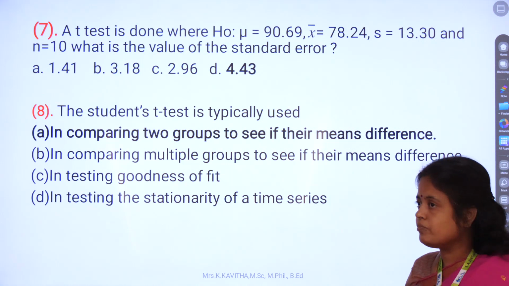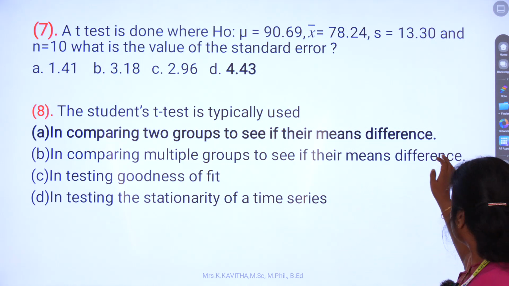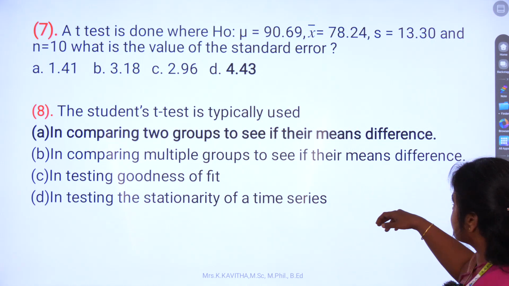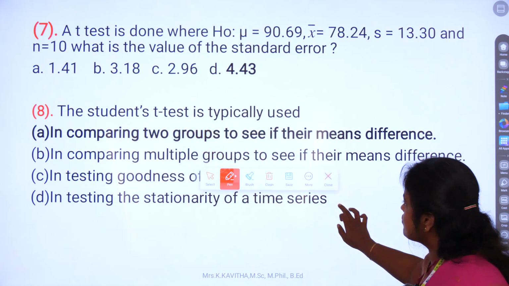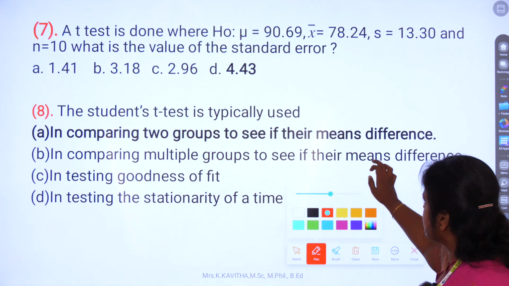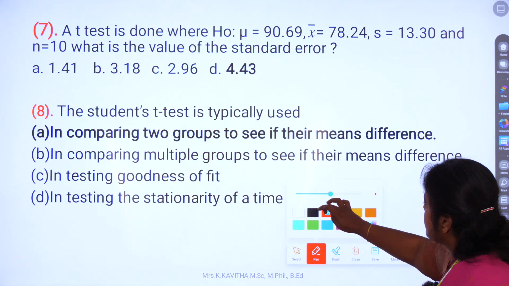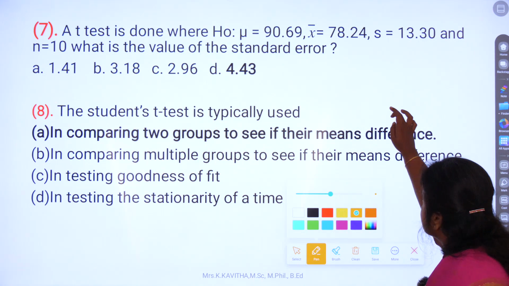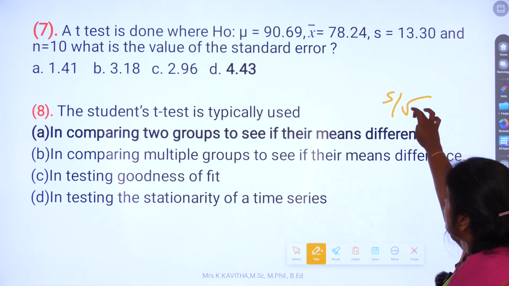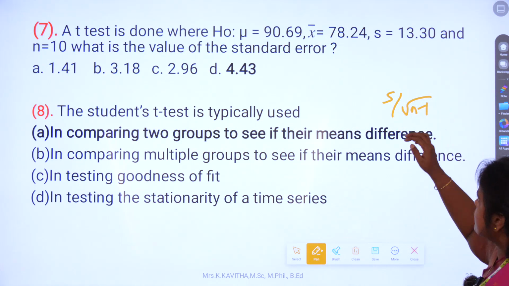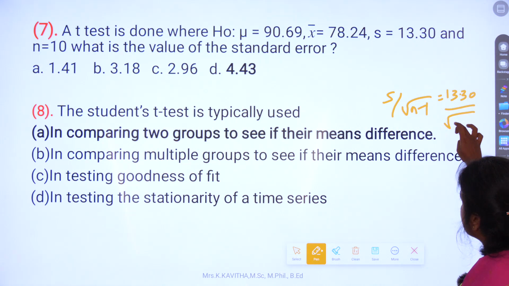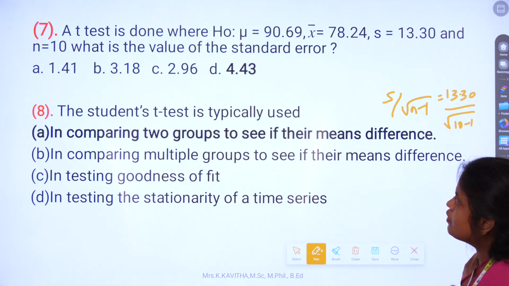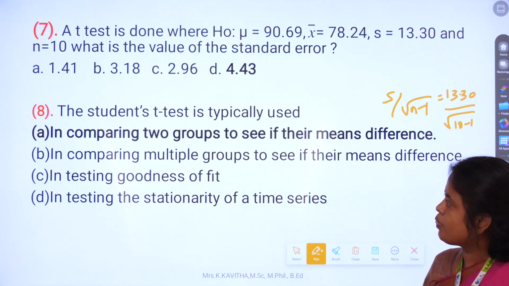The standard error is generally calculated as s by root of n minus 1. Here s equal to 13.30 and root of 10 minus 1. So you will be getting 4.43.